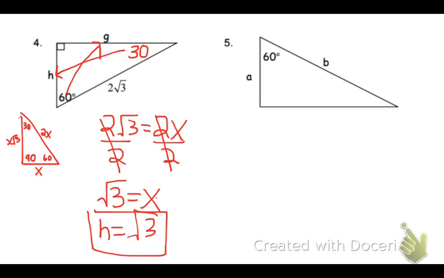Well, in the pattern, the 60 degree angle is x root 3, or whatever x is multiplied by root 3, and we just figured out x was root 3. So if we multiply root 3 by root 3, then we get 3 equals g.